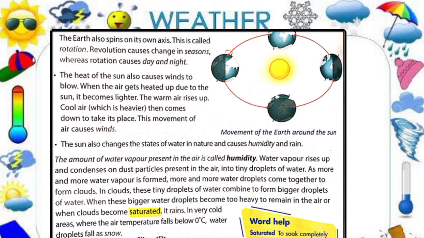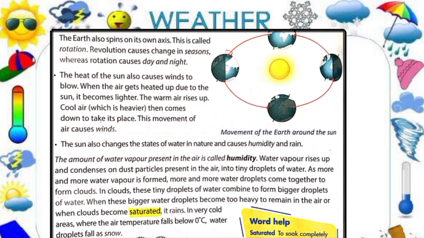The amount of water vapor present in the air is called humidity, and water vapor rises up and condenses on dust particles present in the air into tiny droplets of water.